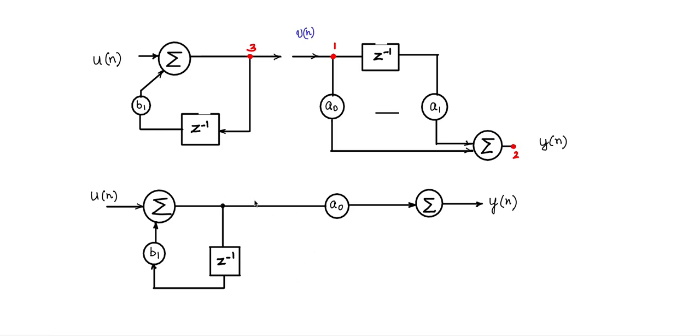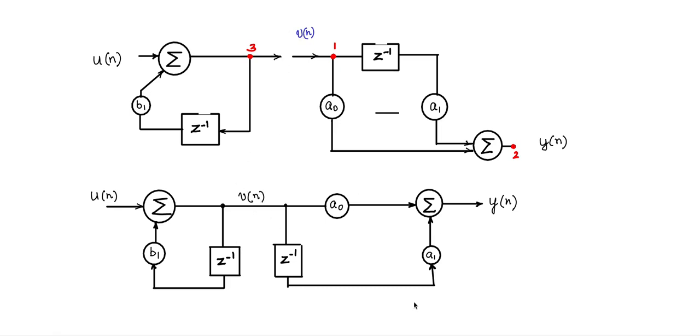So this part is now read on. Now from here, I have to have this root. So from here I will pass it through a unit delay block, then pass it through A1 to the summer, and that part gets completed.